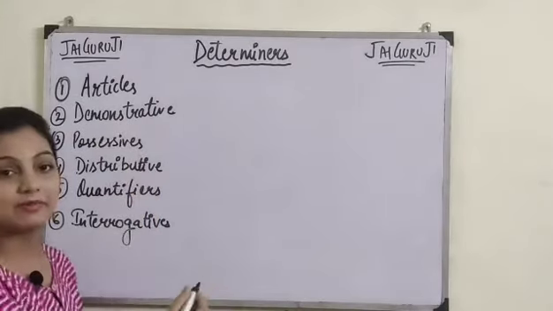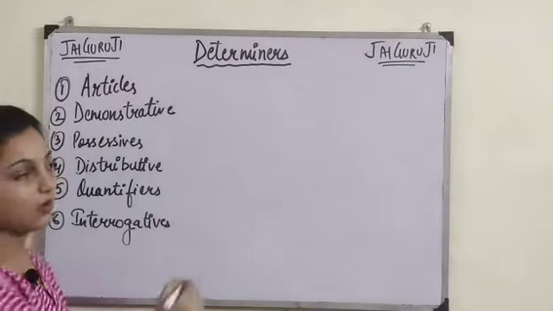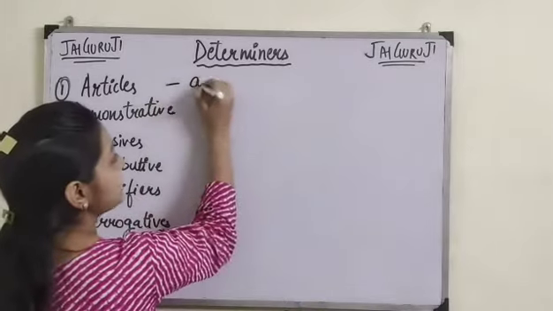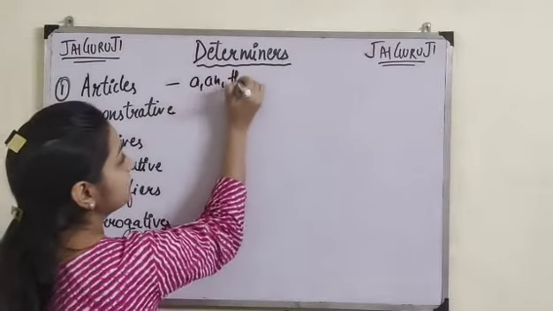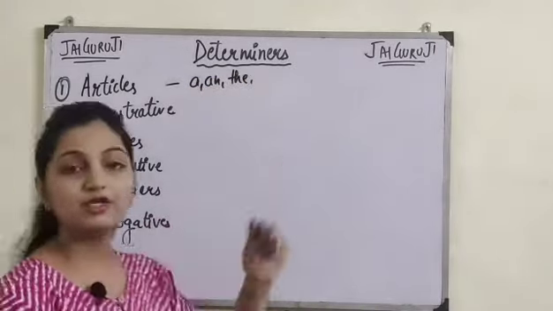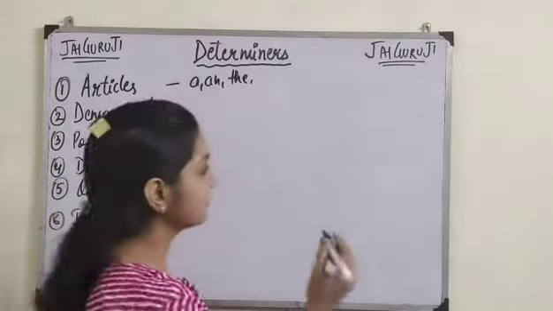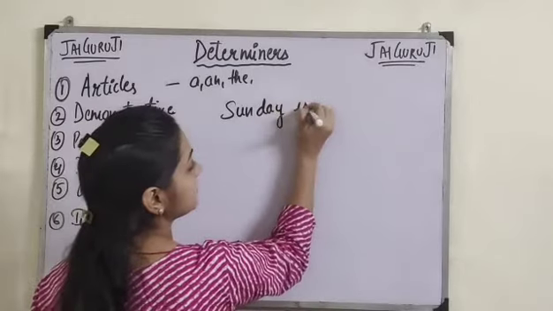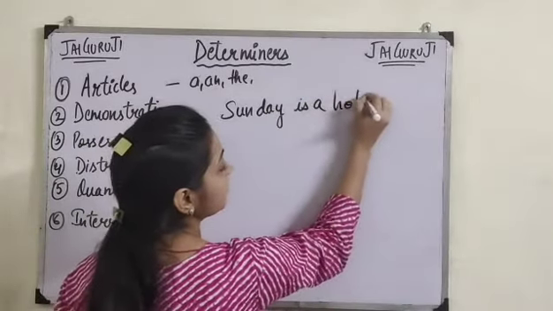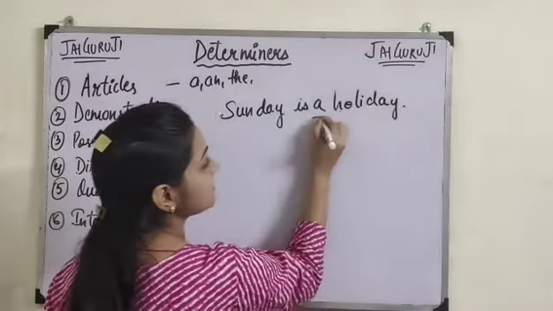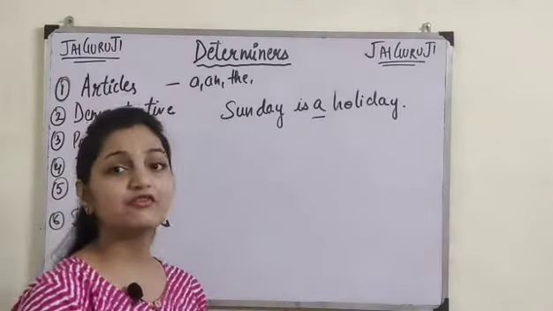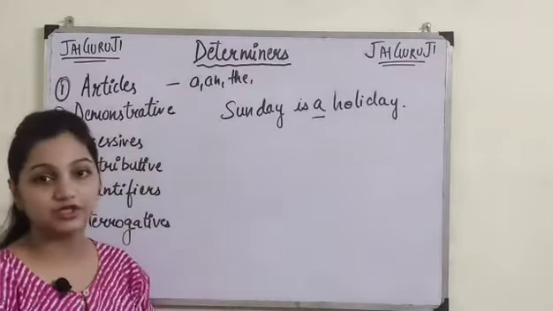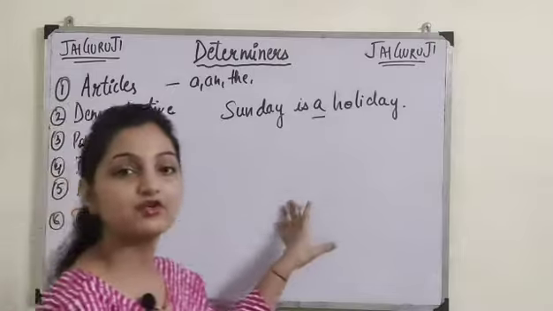How will we be describing the determiners in a sentence now? Articles means a, an and the. So how will we be using them in a sentence? If it is a sentence like Sunday is a holiday, here I'll say the determiner is a. I'll be doing very easy sentences with you so that it will be easier for you to understand.